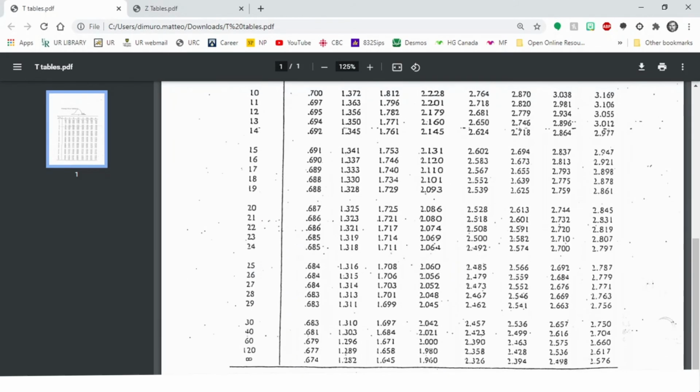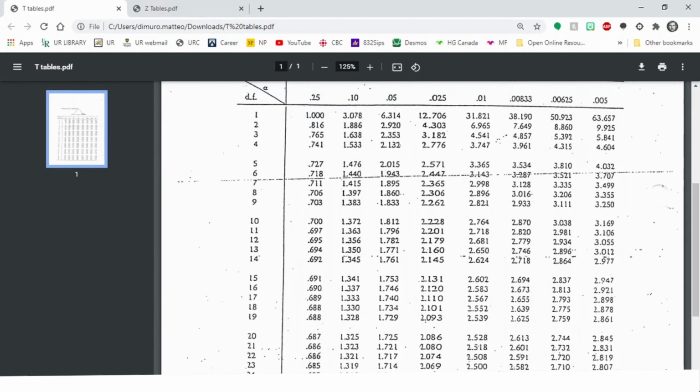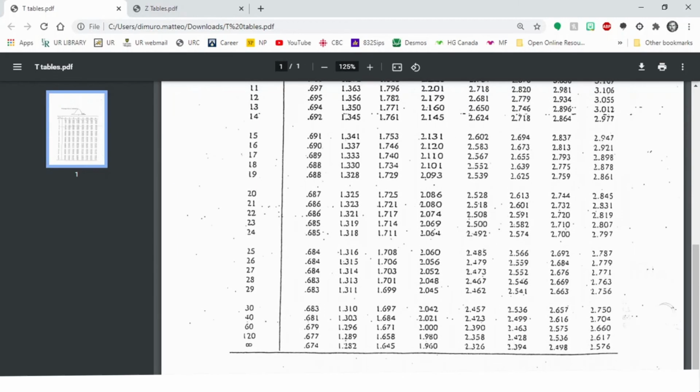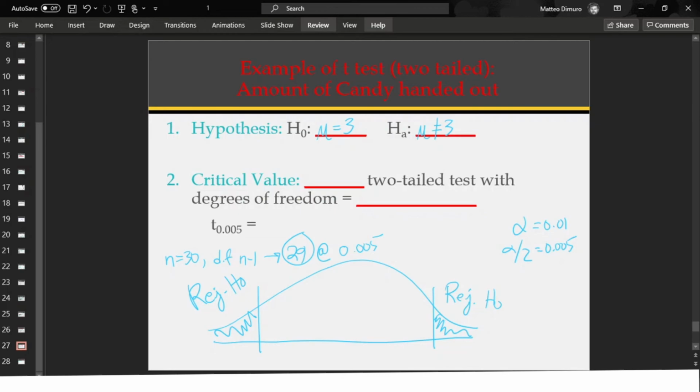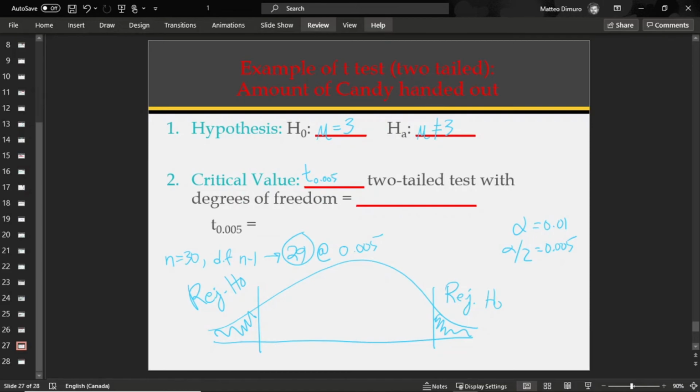So n is 29 and 0.005 is all the way at the end, so 2.756. So the critical value for t 0.005 for a two-tailed test with degrees of freedom 30 minus 1, which is 29, is 2.756. Now remember, on the right-hand side it's positive. This is t alpha divided by 2.